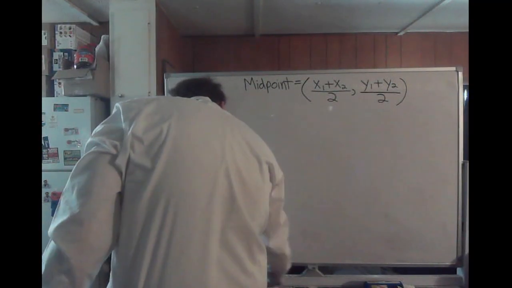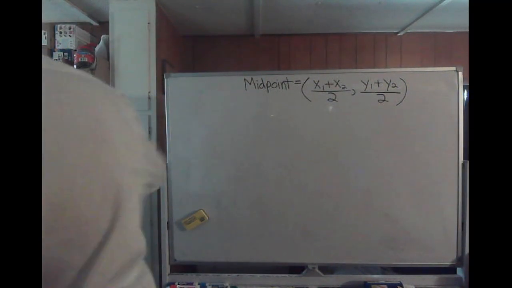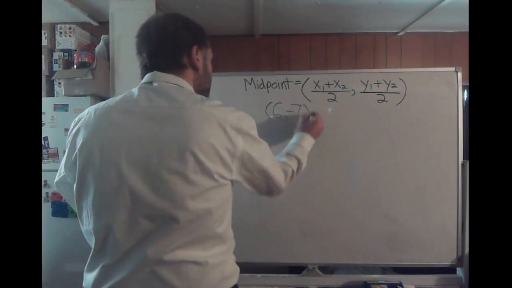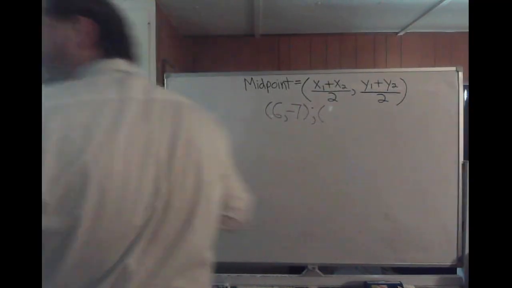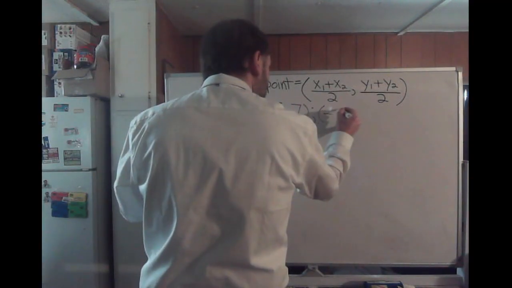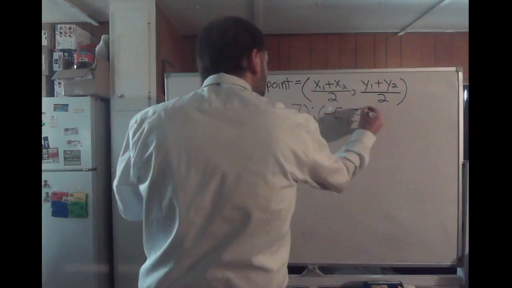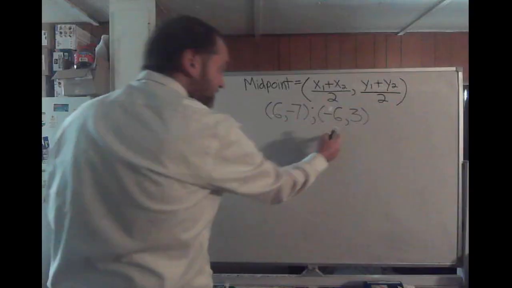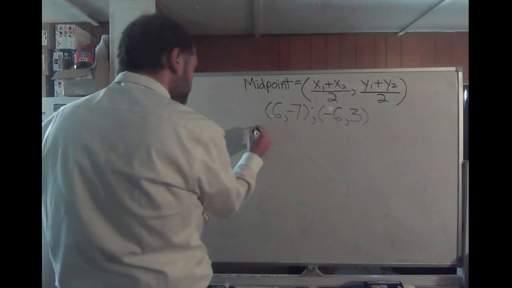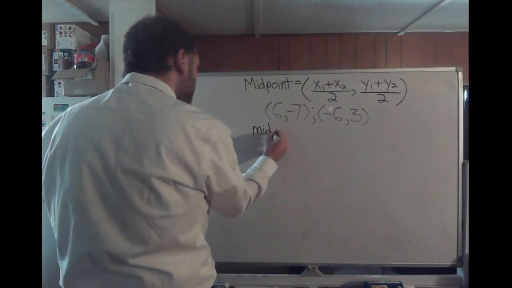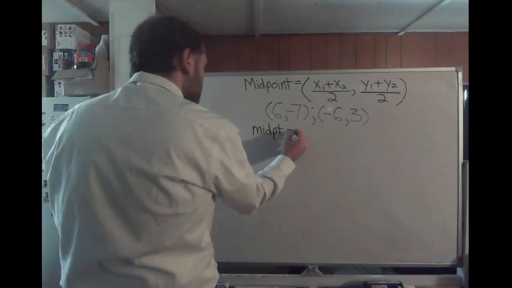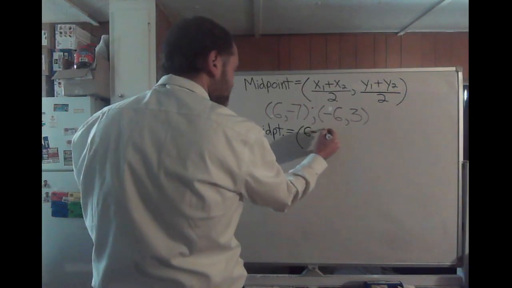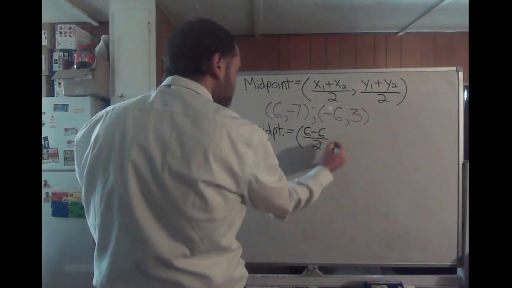Now, what's the next one? We got the points 6, -7, and then we have -6, 3. So we need to find the midpoint of the ordered pairs 6, -7 and -6, 3. That's no biggie. To find the midpoint, you'll just of course add up your 2 x coordinates of 6 plus -6 turns into 6 minus 6 divided by 2.